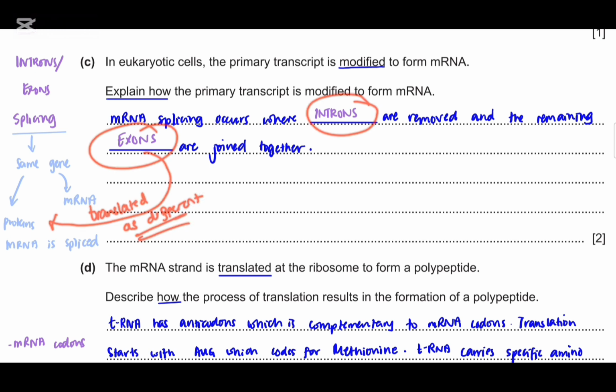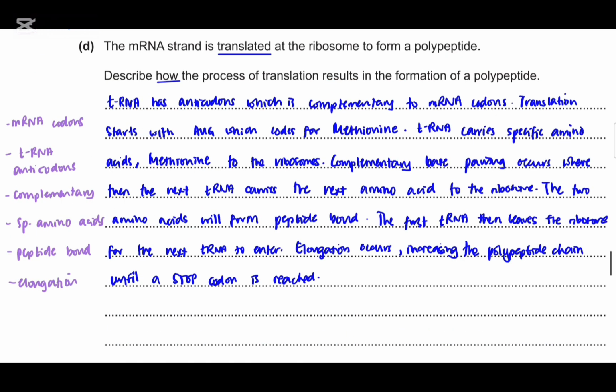Take note. The next question is asking about translation. mRNA is translated at the ribosomes to form a polypeptide. Describe how the process of translation results in the formation of a polypeptide. Several key terms that we want you to take note of: we want to see mRNA codons, tRNA anticodons, the idea that the anticodons are complementary to the mRNA codons.